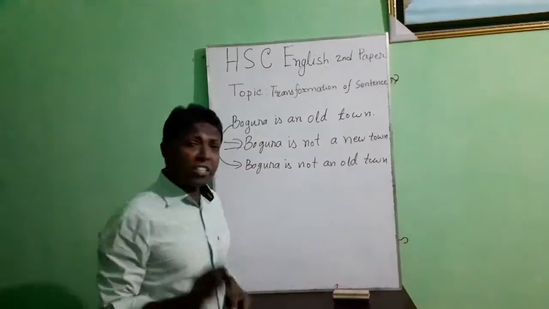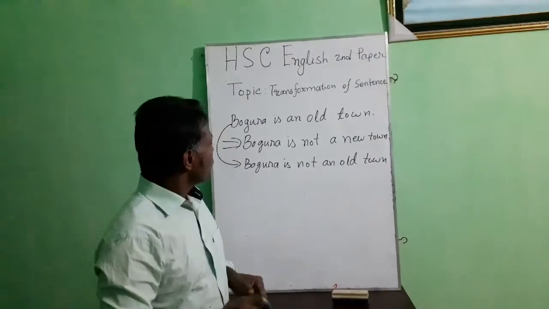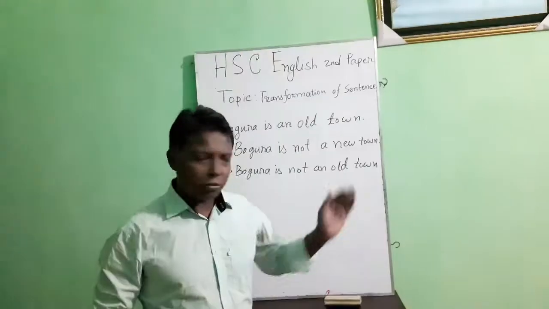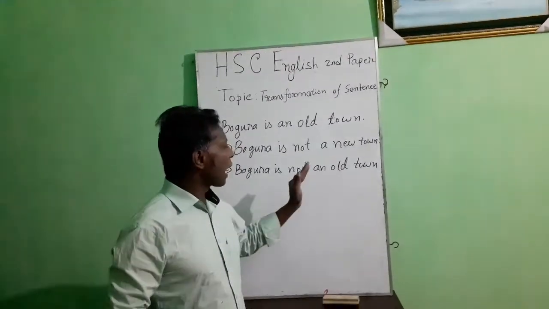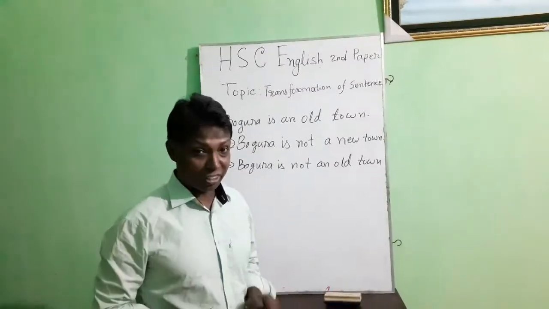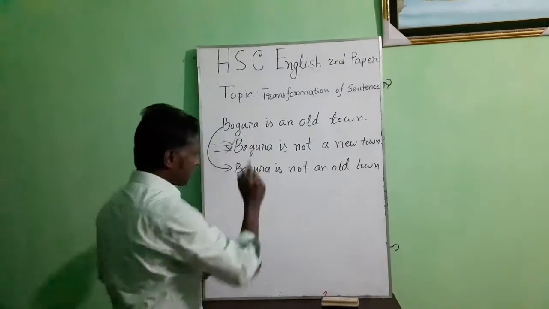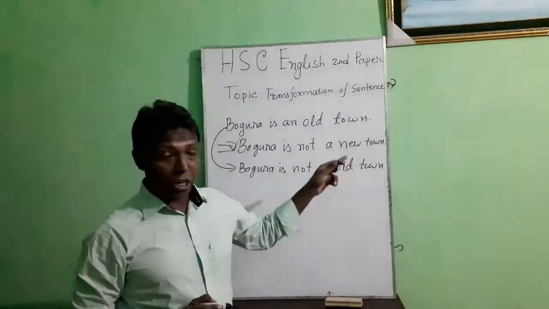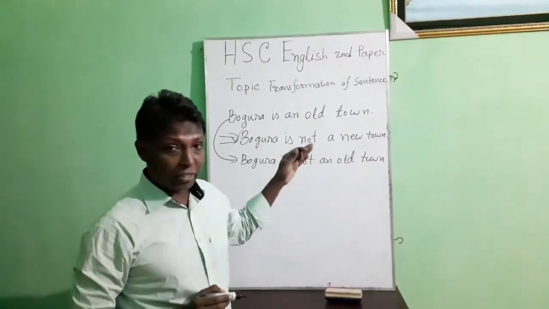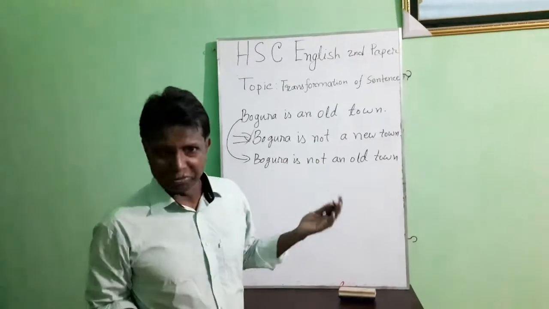town. What is the difference between Bogura is not a new town and Bogura is not an old town? The difference is that in the first sentence, Bogura is not a new town, the meaning remains the same: Bogura is an old town.